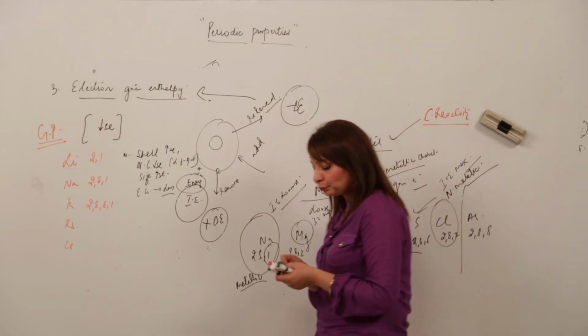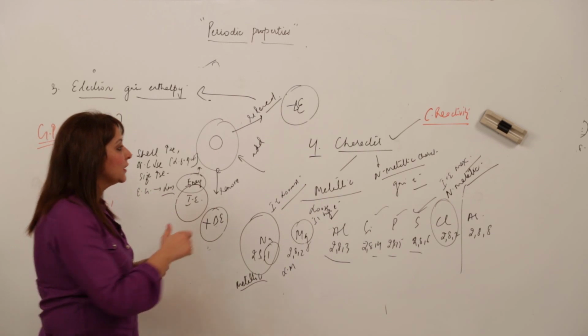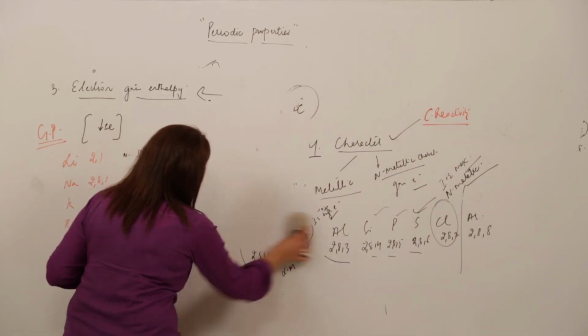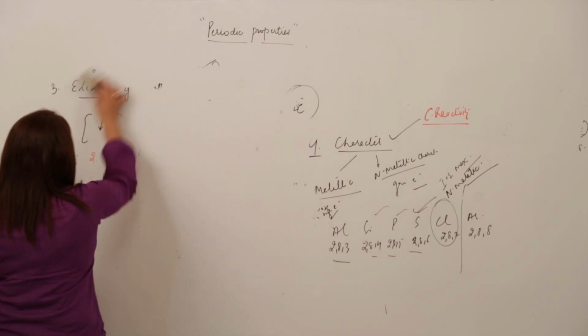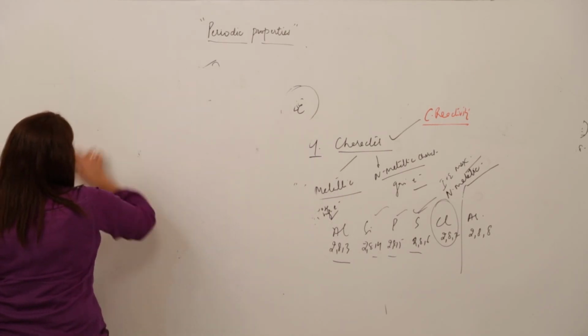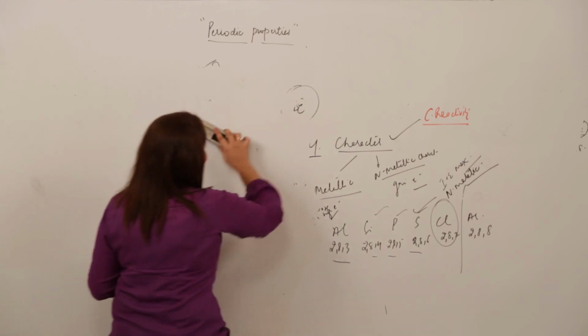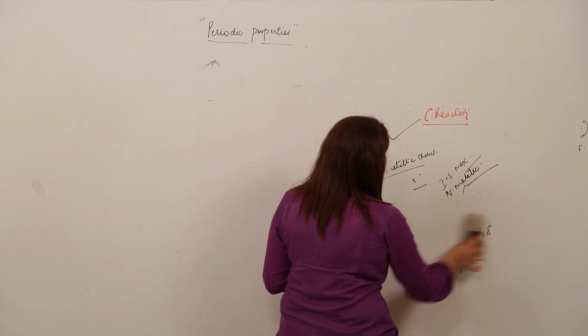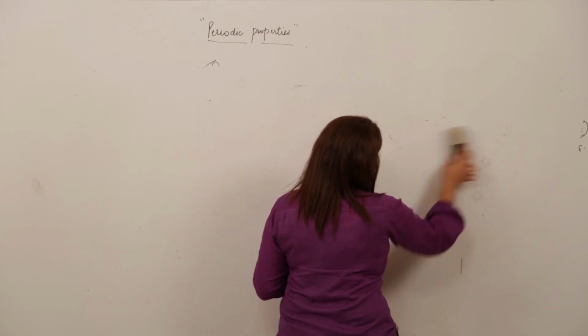One more property is the nature of oxides. When we talk about the nature, what do we mean by it? Whenever we talk about nature in chemistry, it indicates whether the substance is acidic, basic, amphoteric or neutral. So we have four kinds of nature in chemistry.